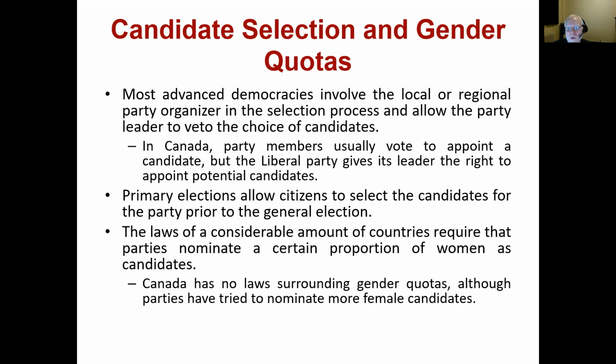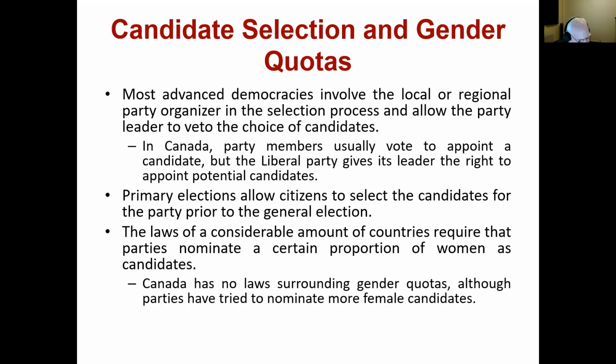So for a high-profile candidate who's hopeful for a particular cabinet dossier, the leader might choose to put them in a friendly riding. It may not even be the district that they live in, but one that traditionally votes Liberal. And so they're going to put the star candidate into that safe district to make sure that they get elected.